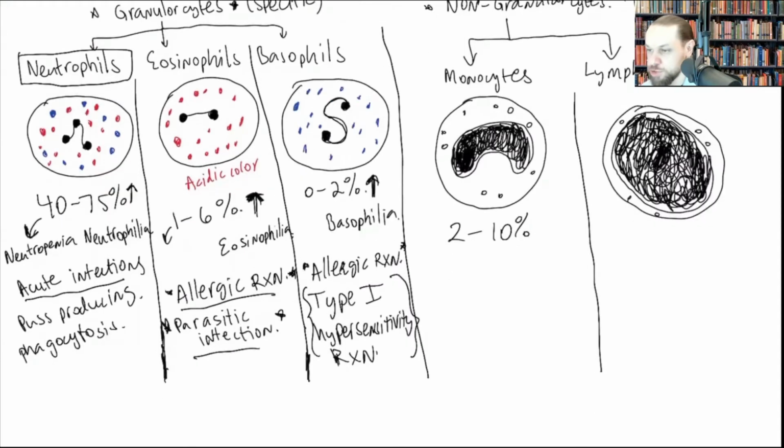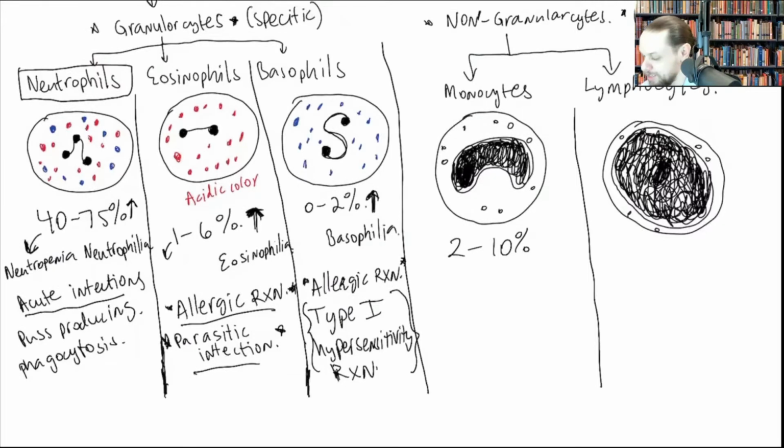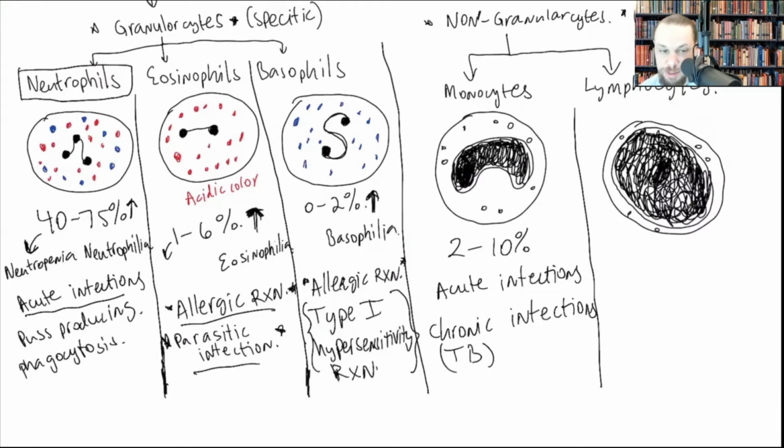Usually you see elevations in acute infections, and you could also see them in chronic infections. Chronic infections like tuberculosis, for example, TB, would be an example of chronic infection. And an acute infection could be pyogenic, like streptococcus or staphylococcus reaction.